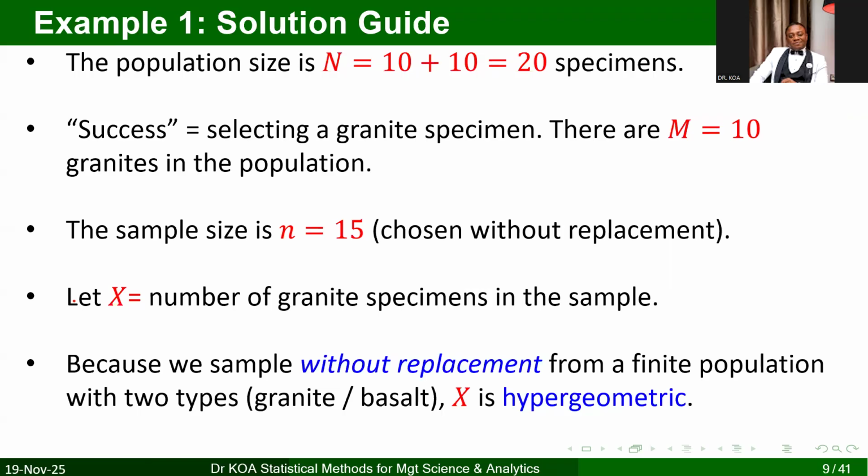Normally you are given one, then you deduce the other from that. So if the probability of success is P, the probability of failure is 1 minus P. You deduce these two from the question. And then you also have a sample size, not a sample size selected from a population.